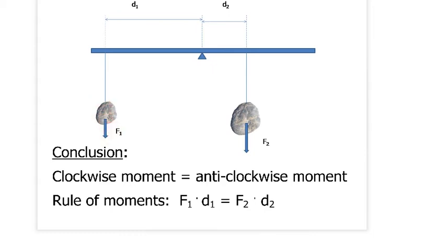This one would cause the beam to rotate this direction if it were by itself. This one causes the beam to rotate this direction, but since they're both happening at the same time and the beam is in equilibrium, this one is equal to that one. This equation summarizes the rule of moments for this particular situation.